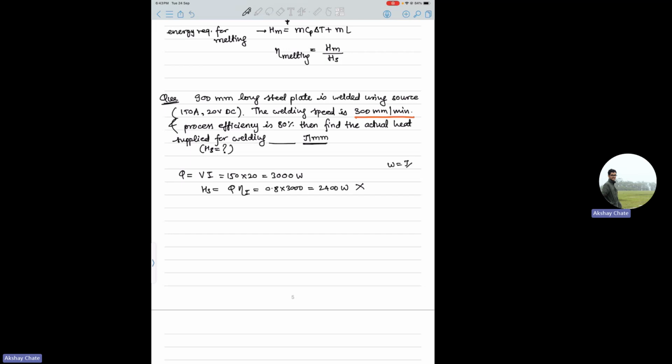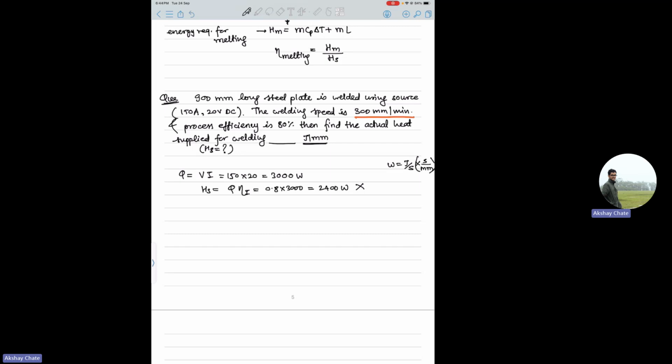They want the answer in joule per mm. So if you multiply this by some second by mm, then you'll get it right. I hope you get the idea what I'm trying to say. 2400 watts is the answer, but the options will not have that. They will have joule per mm.